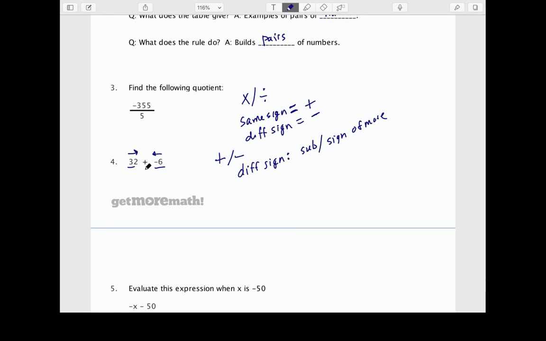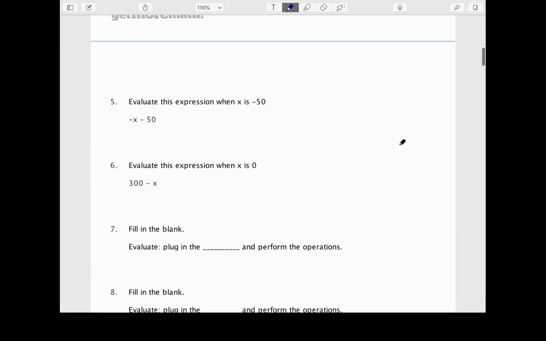So 32 minus 6 is 26. Which one had more? Oh, the positives. 32 was bigger, and it was positive, so it's positive 26. If we have the same sign, we're going to add the numbers, and it's going to be the sign they share. And I don't apparently have more examples of that, so we'll call that good.